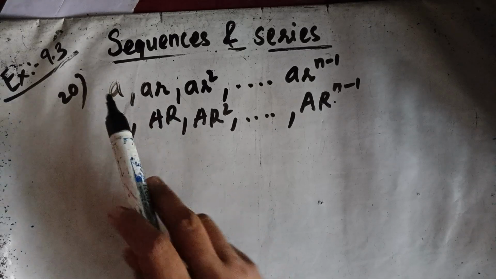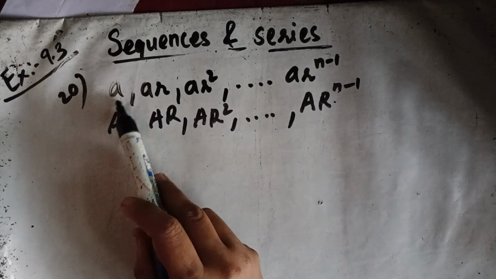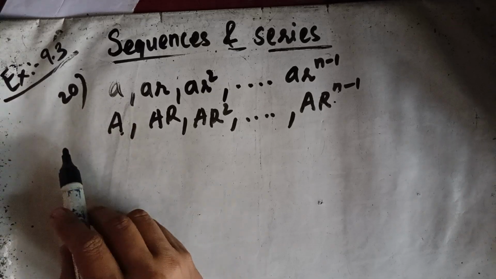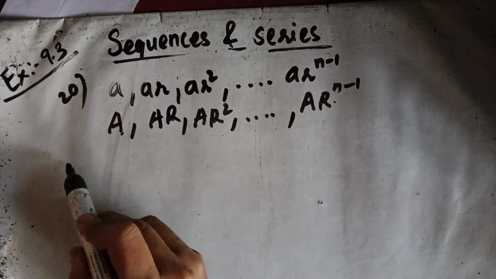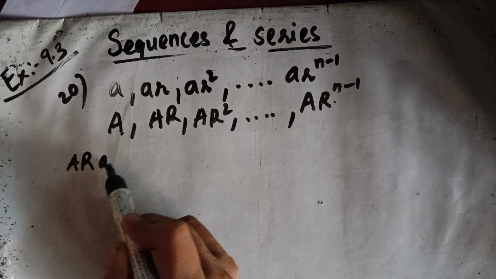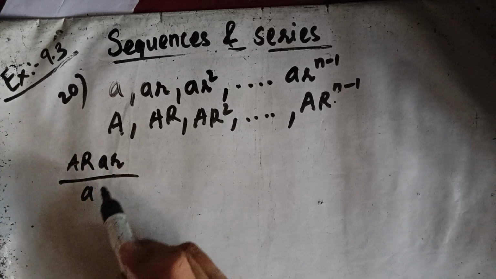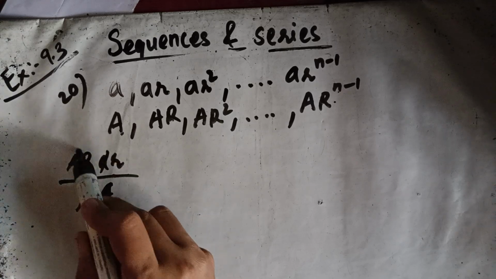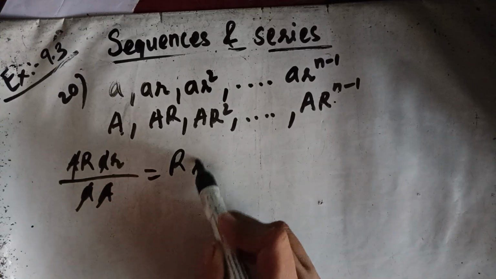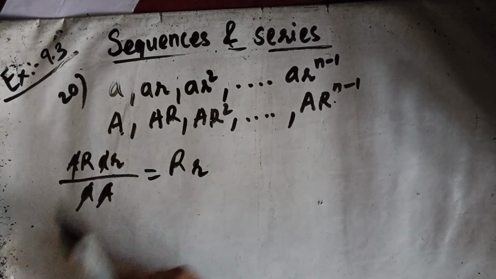Okay, so dividing products. Okay, so product of this is a into the capital A. So if you take this second term, AR into AR upon A into A, we'll get R into R. What about the third term?